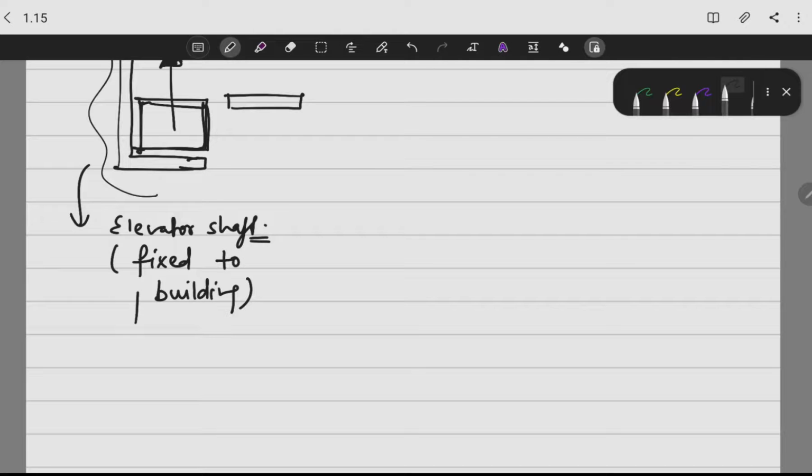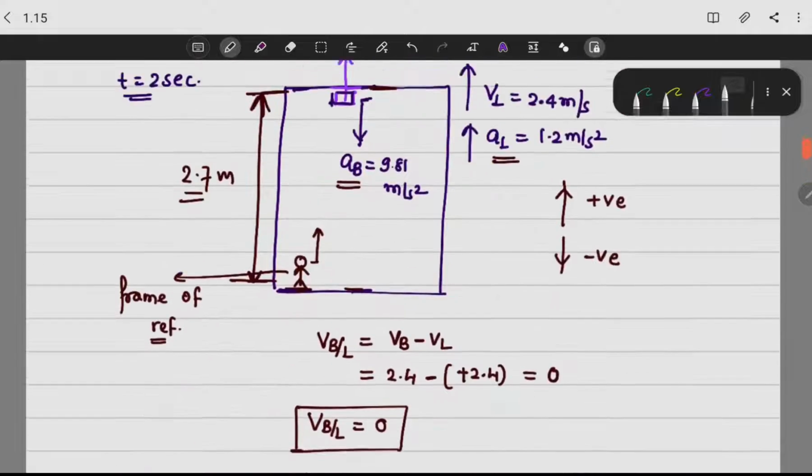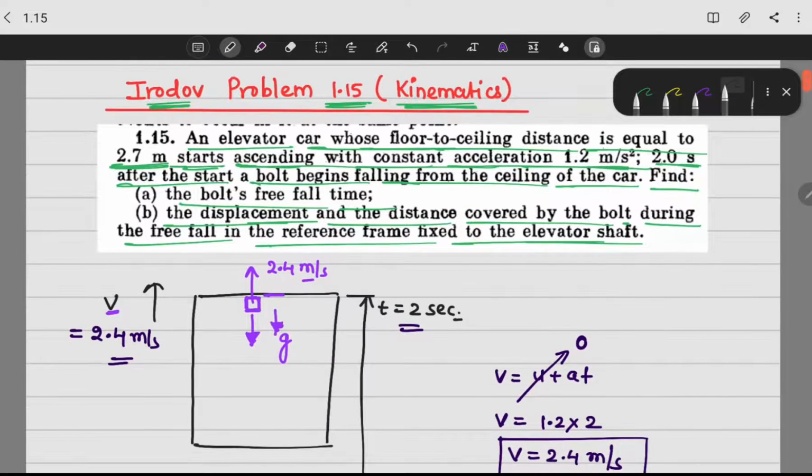So we can say that this is the ground frame of reference. In the second problem it is asking to find the displacement and the distance covered by the bolt during the free fall in the reference frame fixed to the elevator shaft, means fixed to the ground.